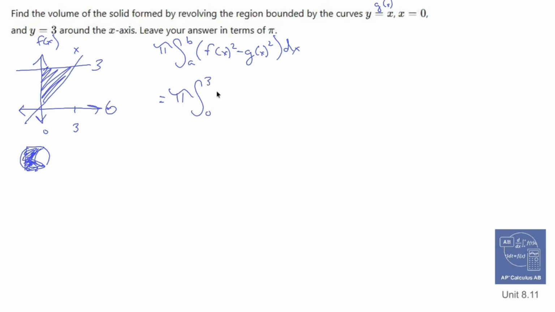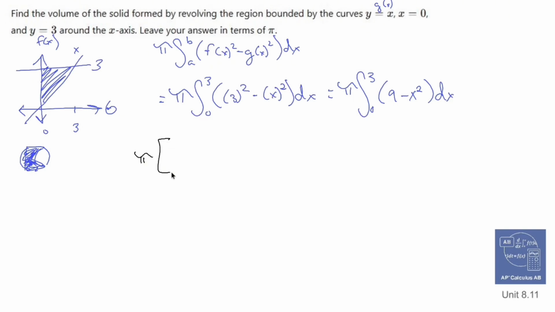Pi, 0 to 3. I called f of x 3, so 3 squared. I called g of x x, so x squared dx. So you become pi, 0 to 3 of 9 minus x squared dx. Now we can integrate. Leave that pi out there. Pi times the integral of 9x minus 1/3 x to the third.